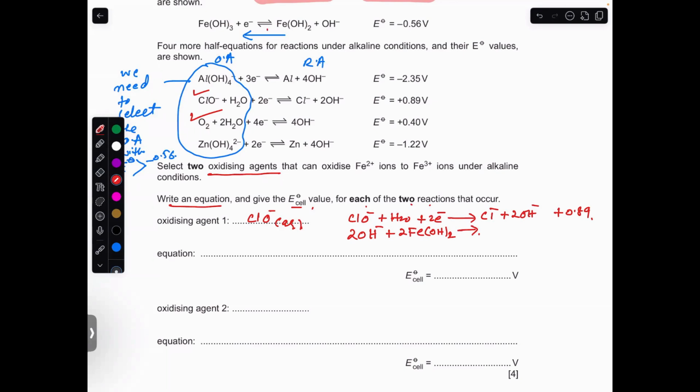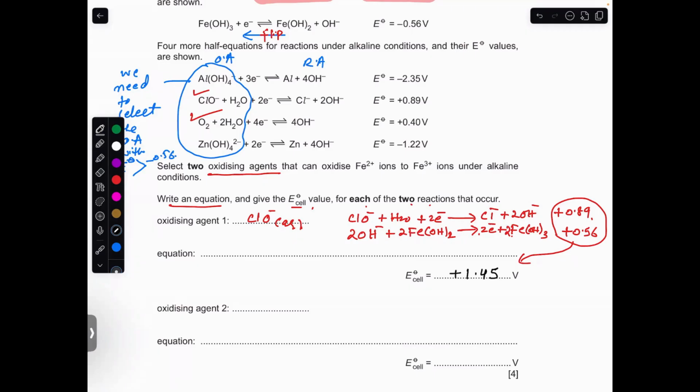This one is flipped and multiplied by 2. So it's 2 Fe(OH)2 becoming 2 Fe(OH)3 plus 2 electron, and this becomes plus 0.56. Their sum is the E cell. And the sum is how much? 9, 6 is 15... so it's 1.45. I hope it's correct.